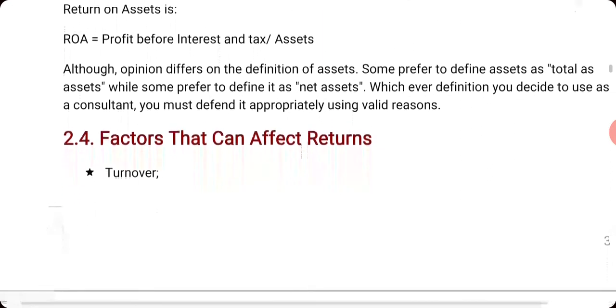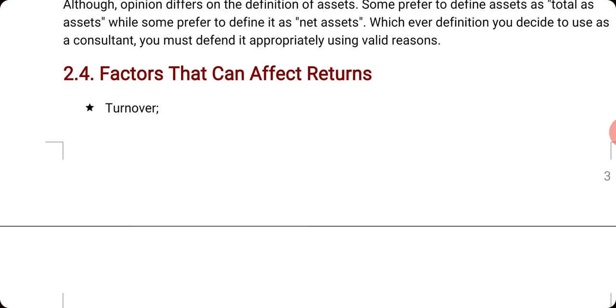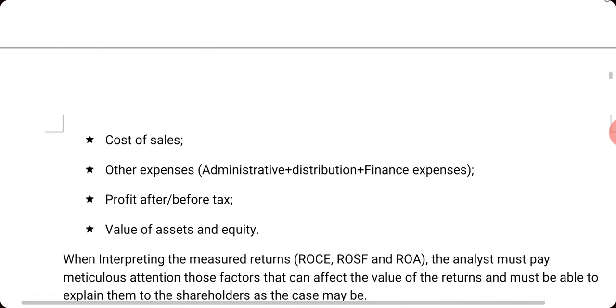We now have factors that can affect returns. Now, what are the factors that can affect profitability ratio measurement? The first one is turnover, which is the revenue of the company. Where a company has a high revenue, definitely it will have a higher return. Another one is cost.